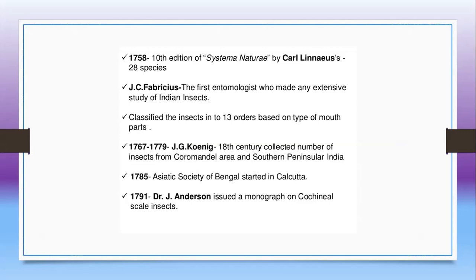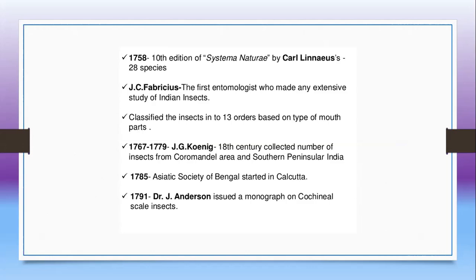In 1758, Carolus Linnaeus contributed about 28 species of insects in the 10th edition of Systema Naturae. This was a very huge contribution in the past, when entomology existed as a subject. J.C. Fabricius, the first entomologist, made an extensive study of Indian insects and classified the insects into 13 orders based on the type of mouth parts.